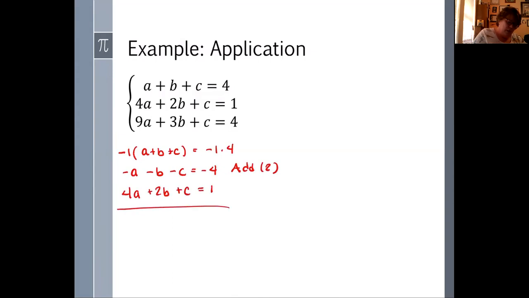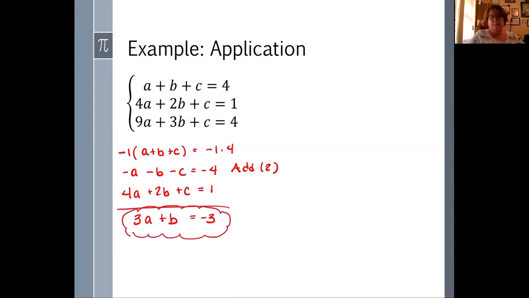And I get 4A minus A is 3A, -B plus 2B is plus B, and then I've eliminated the C's. Minus C plus C is 0, -4 plus 1 is -3. So there's my first equation in 2 variables.